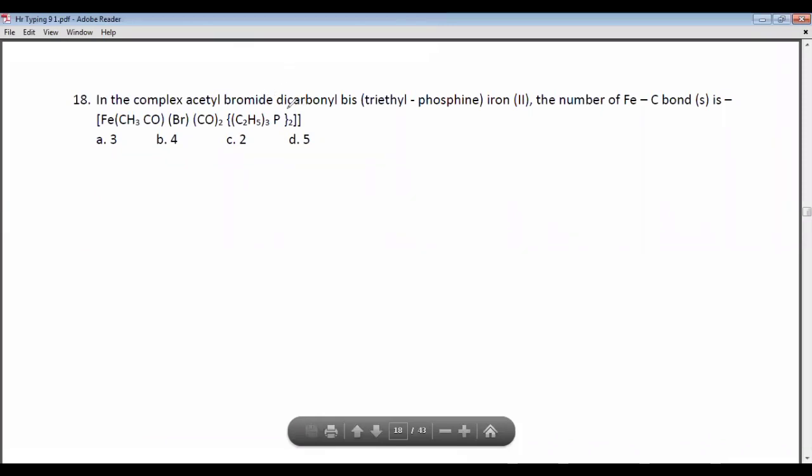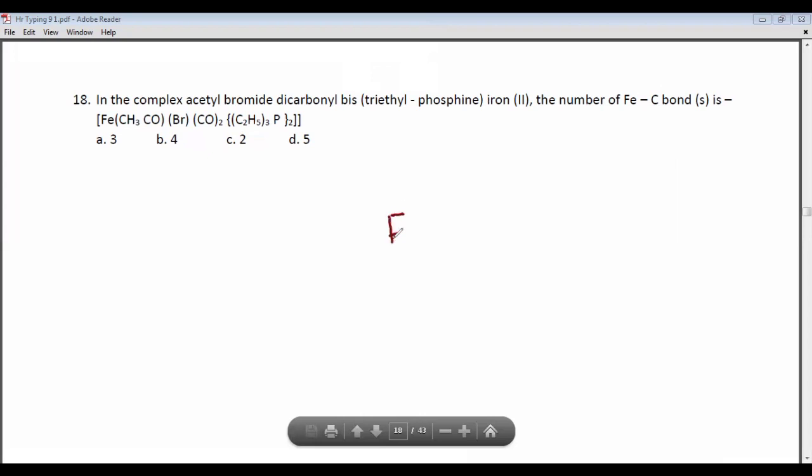The complex acetyl bromide dicarbonyl triethyl phosphine iron: the number of Fe-carbon bonds.